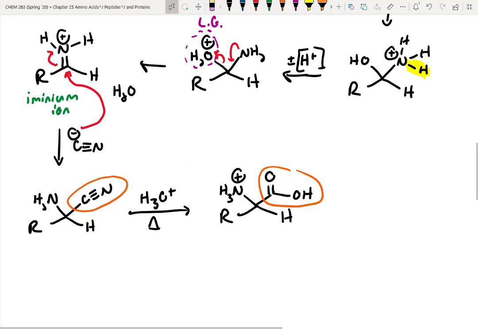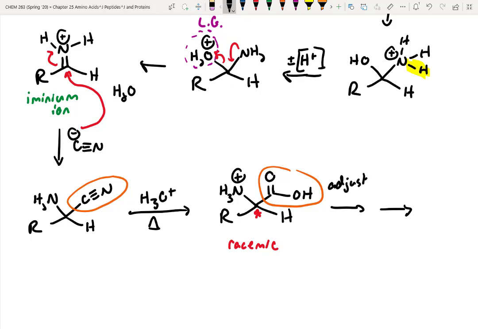But just like in the previous two examples, what we've done is we've created a racemic mixture. And because it's racemic, we would first have to adjust the pH and purify. However, you could do this to make a custom amino acid.